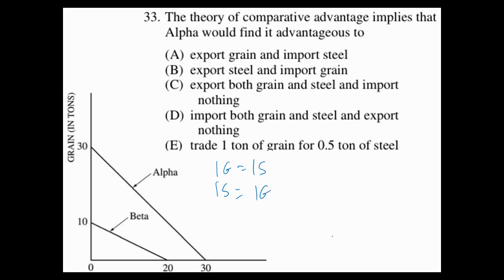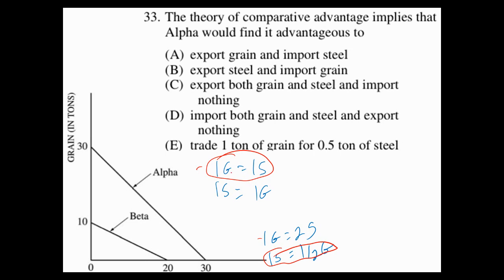And for beta, and I'll write beta down here in the corner, we said one grain was equal to 2 steels, and then the reciprocal for one steel would be 1/2 grain, right? So it's asking who has comparative advantage. When we compare grains, who has comparative advantage in grains? Well, it looks like alpha is better at making grain. Then who's better at making steel, and that would be beta.